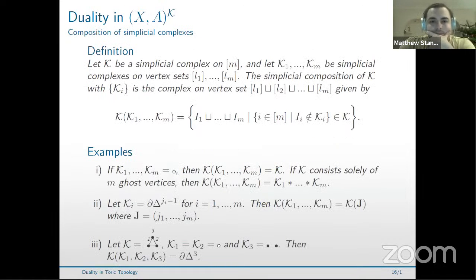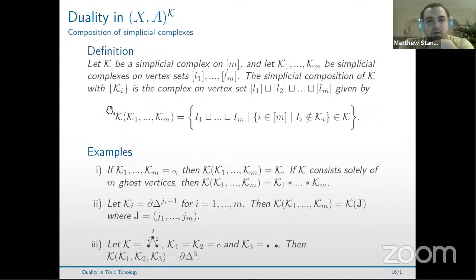Okay, now, as I mentioned, that simplicial multi-wedge construction is an example of a more general construction, which was actually given by Anton Ayzenberg in 2013. And that construction is known as composition of simplicial complexes. And I define it here.